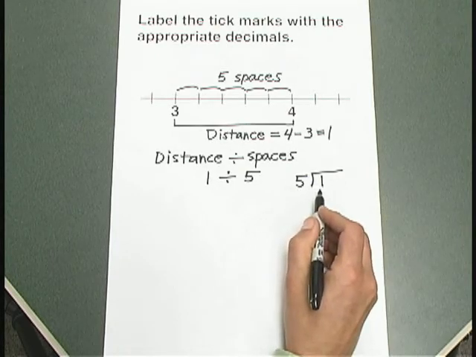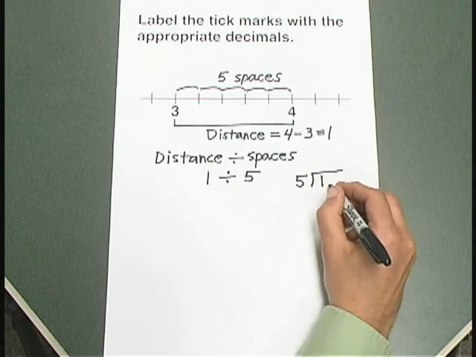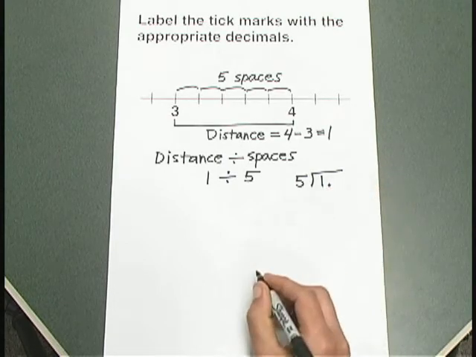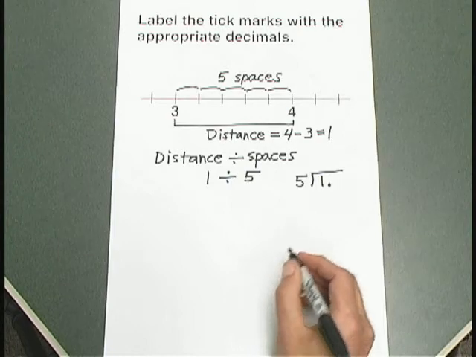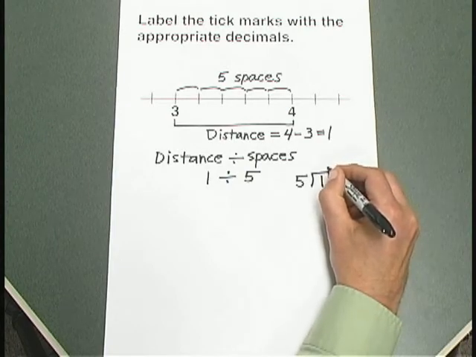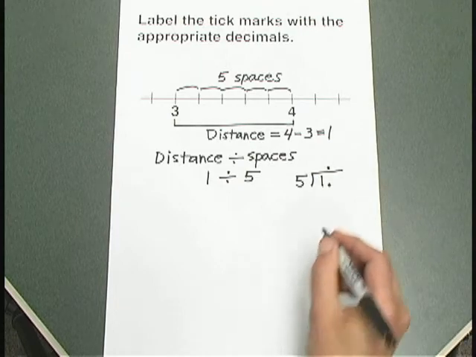Now, 5 doesn't go into 1 as a whole number, so what we can do is place a decimal point just to the right of the 1. 1 is the same as 1 point. We need to place a decimal point in our answer right above the decimal point in the long division box.